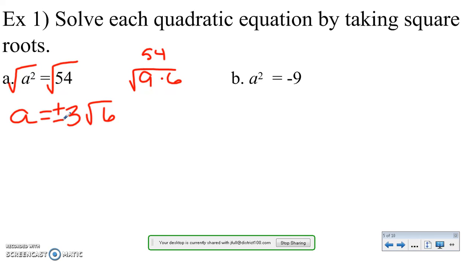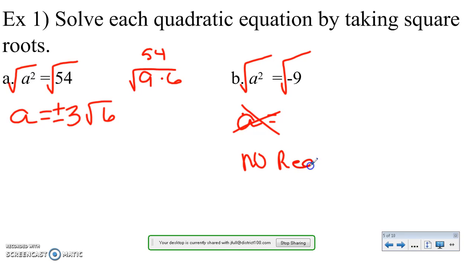If we do the second one, and take the square root of both sides, this is a special case. The square root of a squared is a, but I cannot take the square root of negative 9. If you type that in your calculator, it actually gives you an error. We've talked about that a little bit before, but if we have the square root of a negative, that actually means we have something called no real solutions.